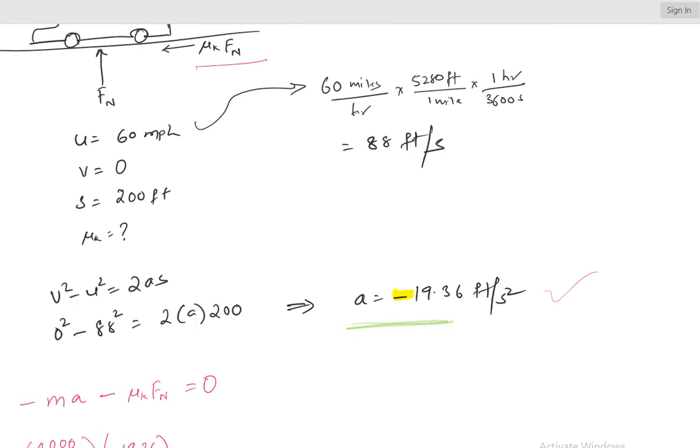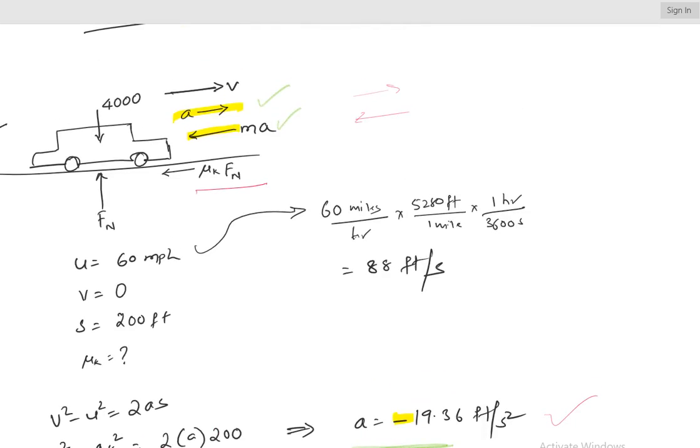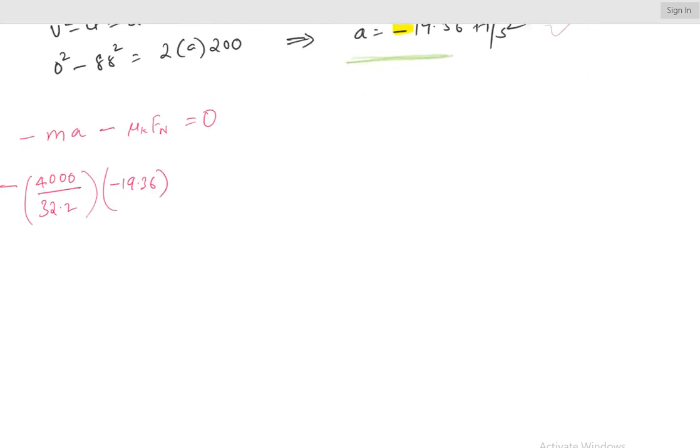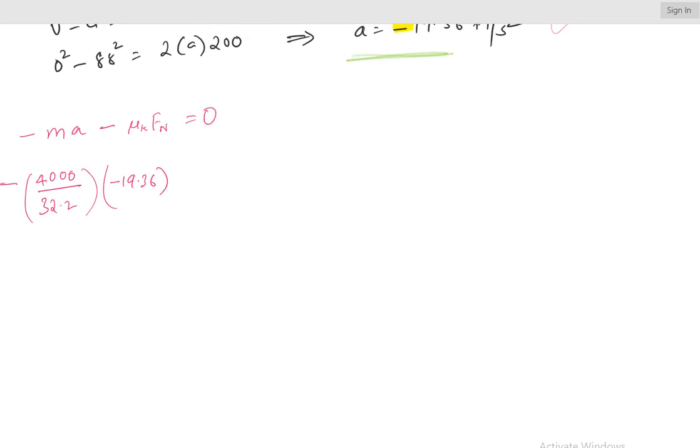That's fine. If I flip the directions here, then I flip the sign here. Okay, so either way you'll get the same answer. So if I flip the directions up there, this would be positive ma, meaning that would be going towards the right, and the acceleration would be positive.